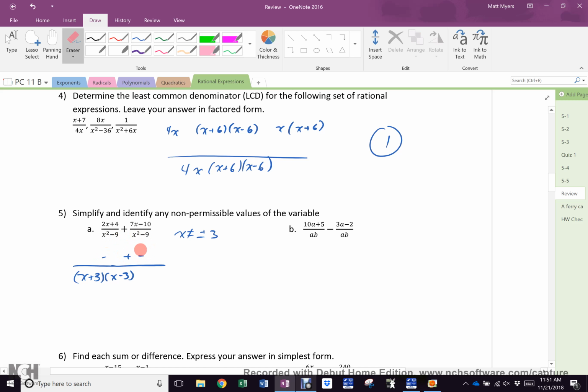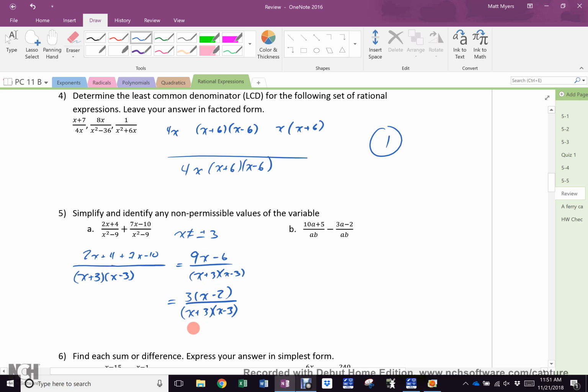I actually shouldn't have done that yet. 2x plus 4 plus 7x minus 10 is 9x minus 6 over x plus 3, x minus 3. Take out a 3, 3x minus 2 over x plus 3, x minus 3.